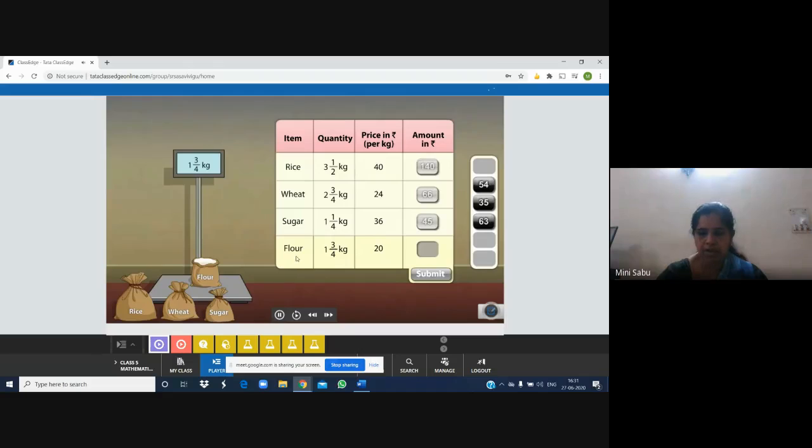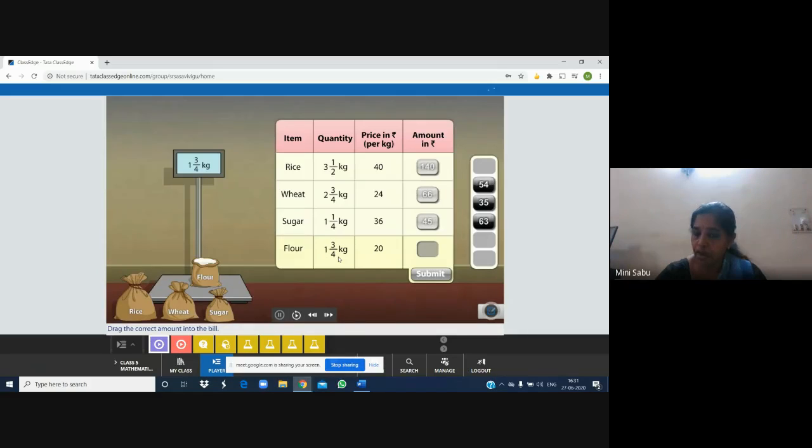Now, how much does 1 3/4 kilograms of flour cost? Choose the correct amount and click submit. See, in the answer side, there are 3 answers, but only one answer will be correct. And we have to find out which is that correct answer out of 3. Okay, so here flour she is buying 1 3/4 kilogram. 1 kilogram, 20 rupees. 3/4 kilogram you have to find out.